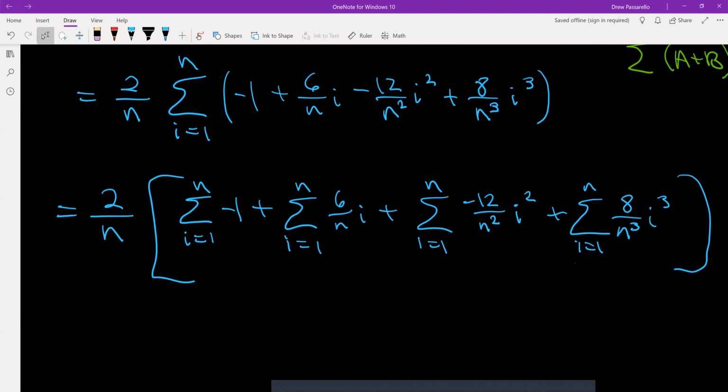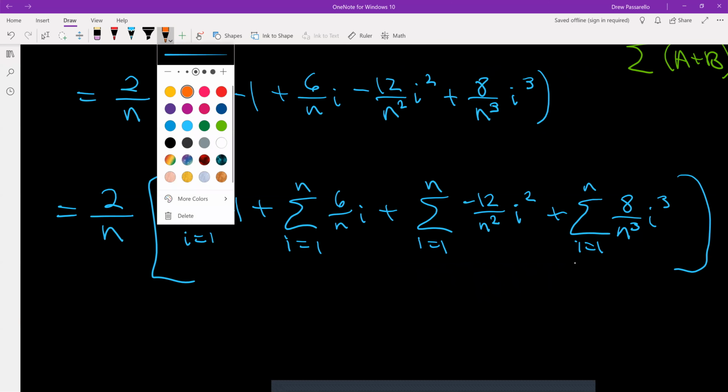So put each component as its own summation, and then I'm going to apply one of our rules so that you can distribute out any constant, and I want to distribute it out so that I have only i as part of the summations. Now for the first one, we have the summation of -1.